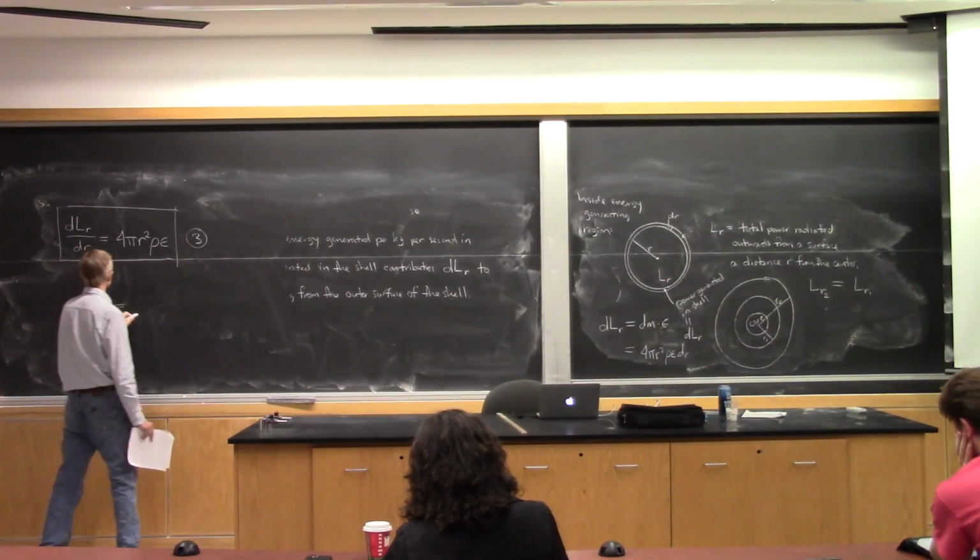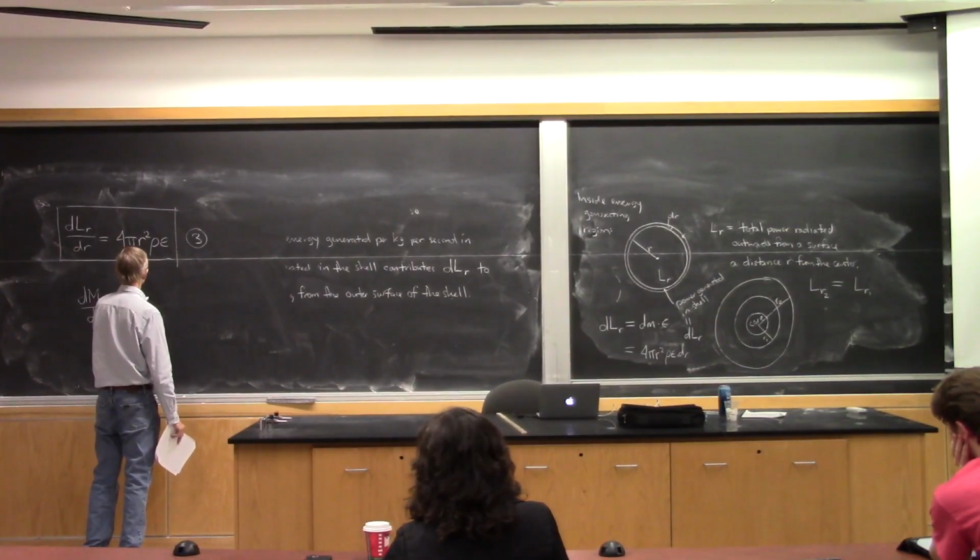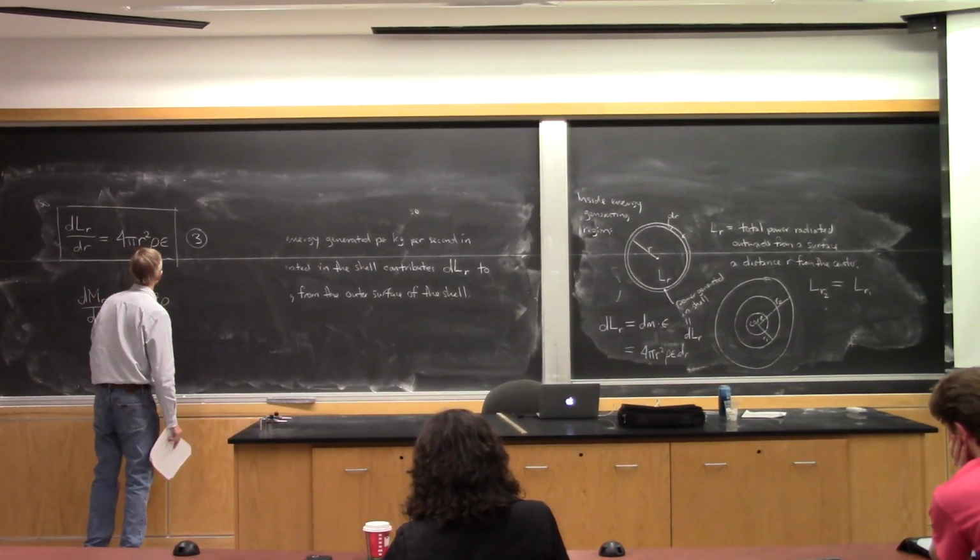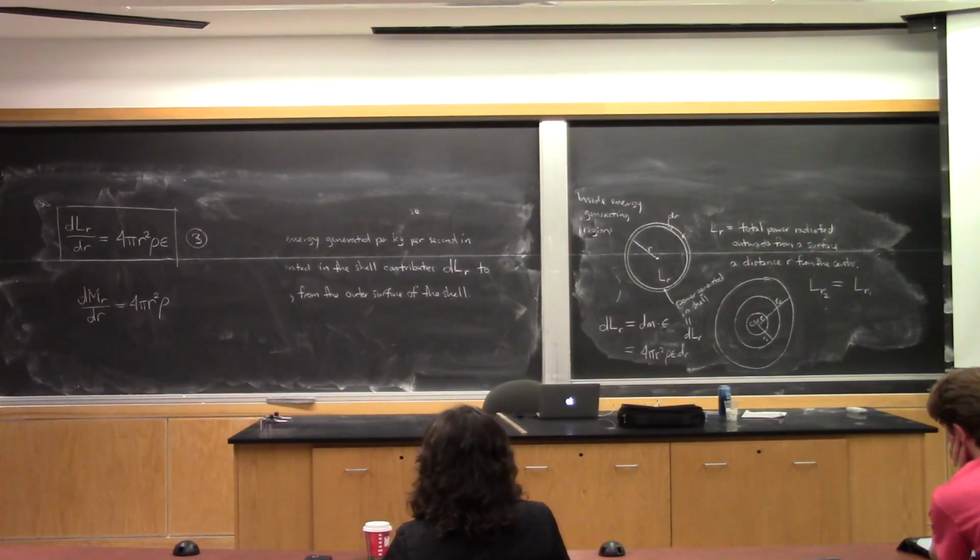Why, they're almost twinsies. They're almost twinsies because all we have to do to get from the equation of mass continuity to the equation of energy generation is multiply through by epsilon.